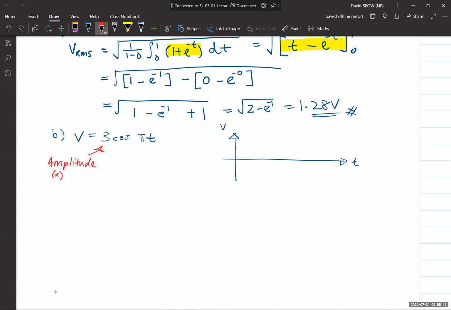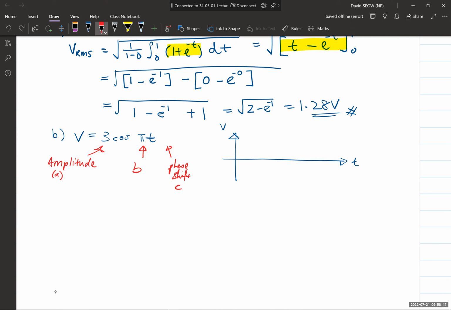A. Then how about this? Frequency, right? And then normally there's a phase shift, another thing called phase shift. Okay, I won't call it frequency, I haven't got to the frequency. There's a B and then there's a C here.